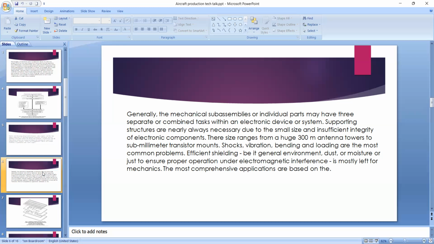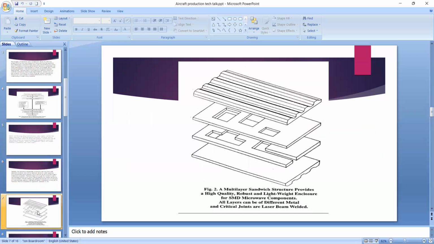Efficient shielding, be it against the general environment, dust or moisture, or just to ensure proper operation under electromagnetic interference, is mostly left for mechanics. The most comprehensive applications are based on the multi-layer sandwich structure, which provides a quality, robust, and lightweight enclosure for assembling microwave components.